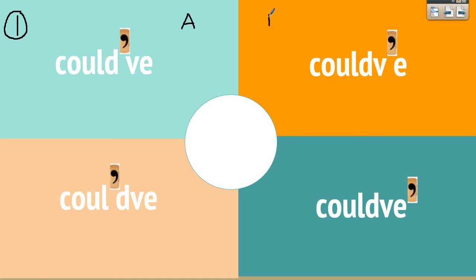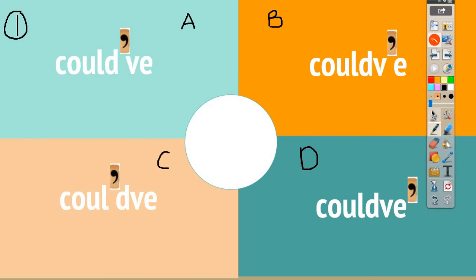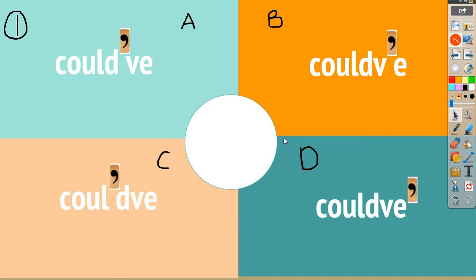We're going to call that one A, and this one's B. We're going to call this one C, and this one D. And now in just a second, I'm going to hit a button, and the 2 words are going to pop up in this circle. And you're going to have to pick what's the right way to do surgery and put those 2 words together to make a contraction. So the 2 words are could have.